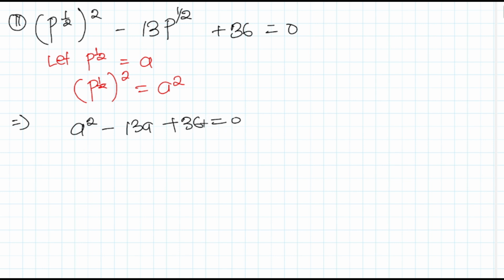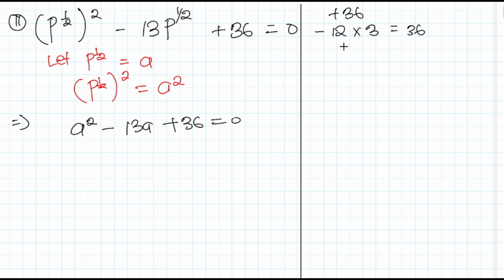So we can solve. What two numbers can we multiply to get plus 36 and add to get minus 13? Let's think. If we quickly sort that out, we are using the factorization method. So factorize 36. We know that 12 times 3 will give us 36, but we can't have this give us that.